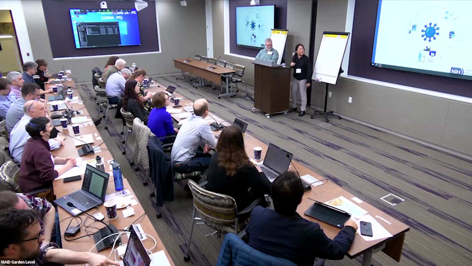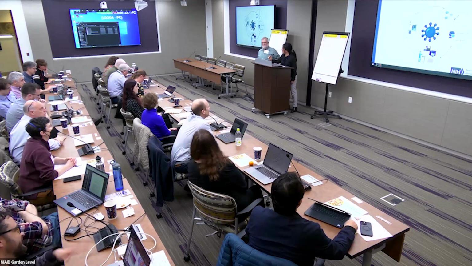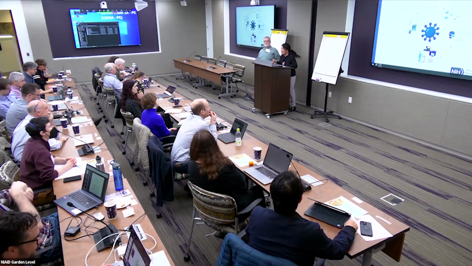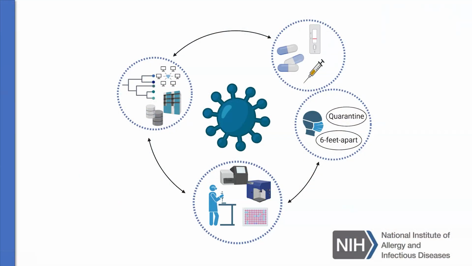Okay, let's start. I hope everyone can hear me okay. So I have a very simple diagram. When someone identifies a virus by sequencing or different types of assays, a lot of people analyze the virus to see what it is.